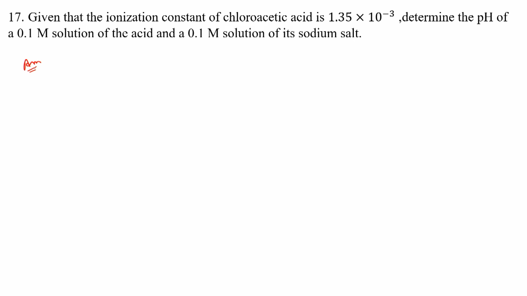Ionization constant is given for chloroacetic acid, Ka is 1.35 times 10 to the minus 3, right.